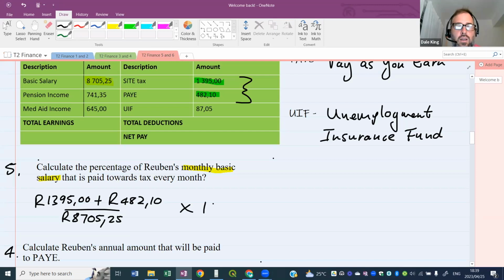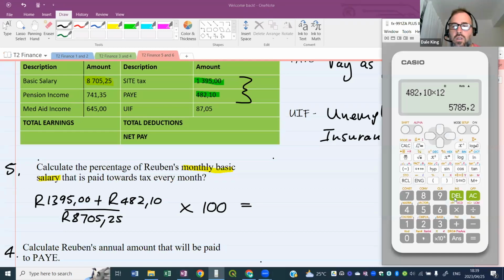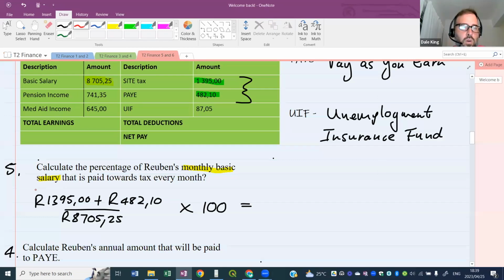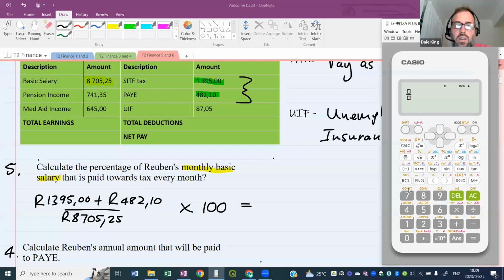Like it was mentioned, I need to multiply by 100 to get a percentage. Let's see how we build this in the calculator. You can do this numerator work on its own, get an answer, and then put that into your fraction step by step if you want. I'm just writing it all in one fraction here, so don't be surprised when you see two numbers in the numerator. I'm doing everything in one go.